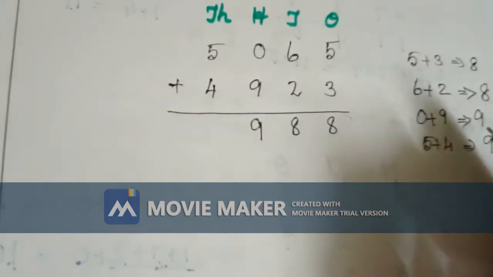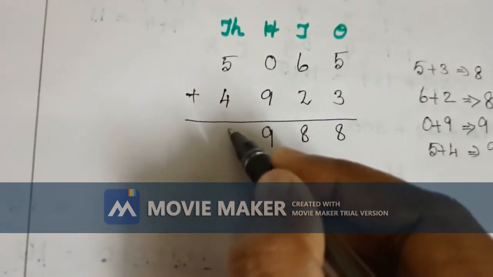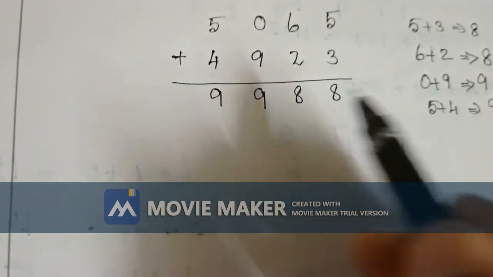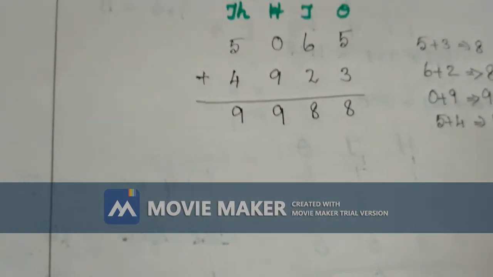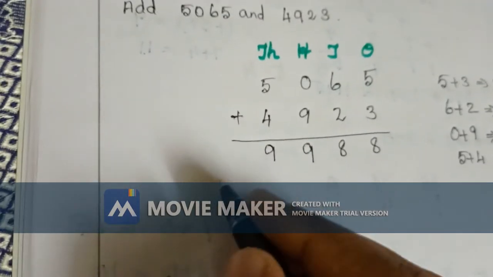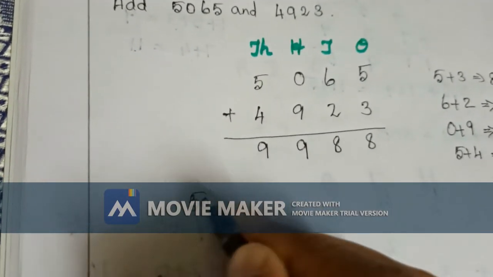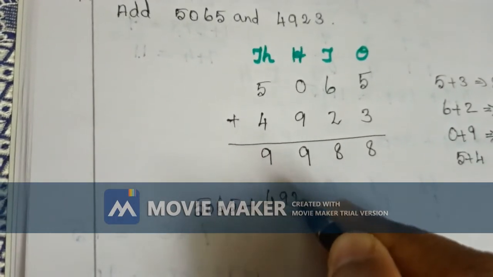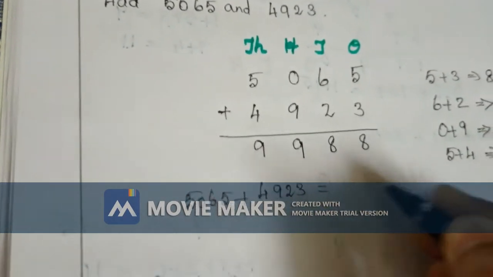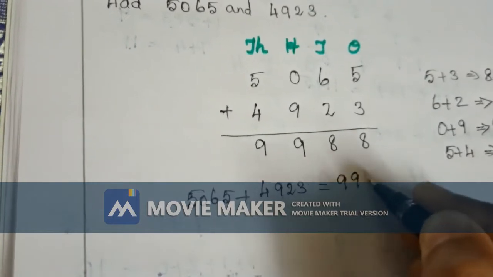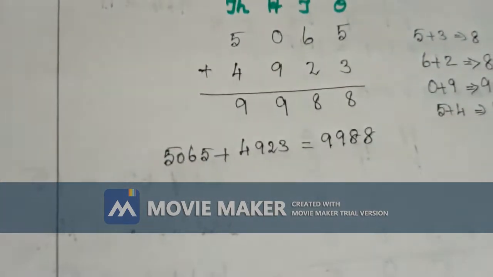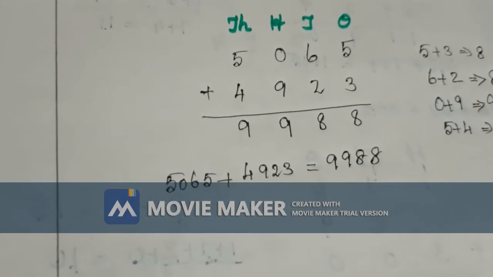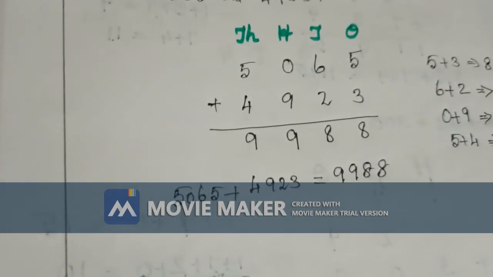Write 9 in the thousands place. So the sum is 9988. You have to write the answer like this: 5065 plus 4923 is 9988. Now let's see one more example related to without regrouping.